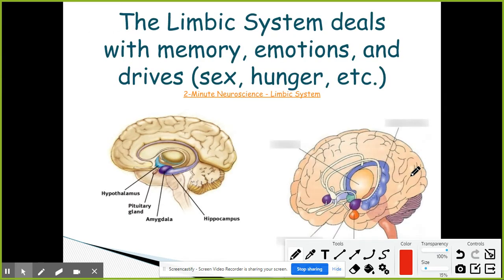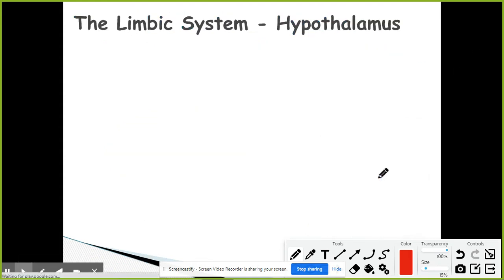You don't need to know exactly where all of these structures are, but I think that's the hypothalamus right there. If it were to ask you which structure would be in this general area, it would give you a list of structures, and one of the structures would be in the limbic system. But you don't need to know exactly which is which.